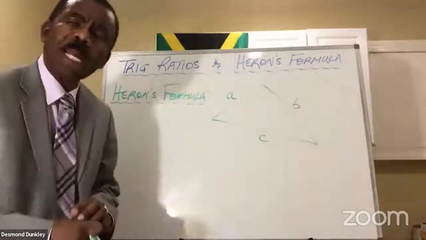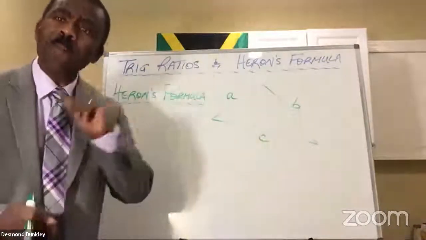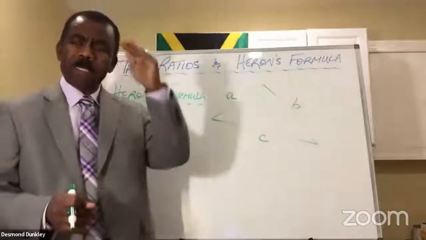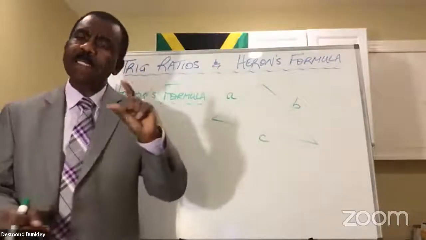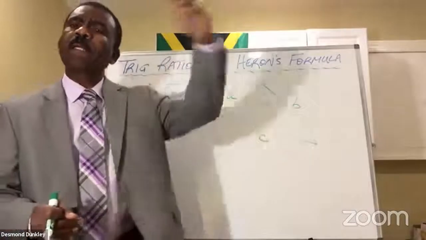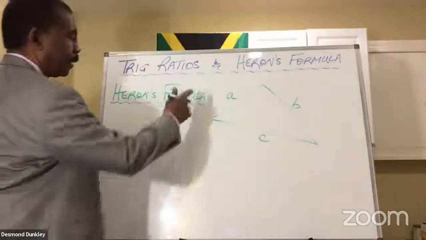Heron's formula says you find a half the perimeter of the triangle. So you do it in 2 steps. Step 1, you find S, which is a half the perimeter of the triangle.